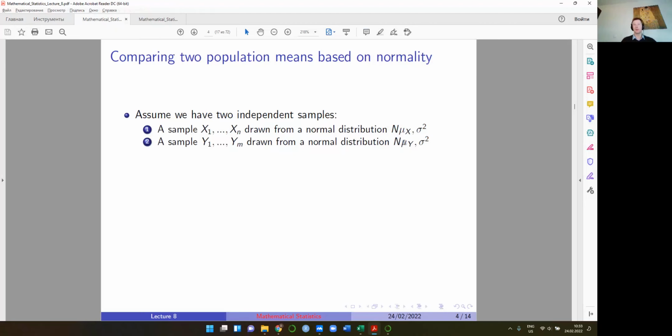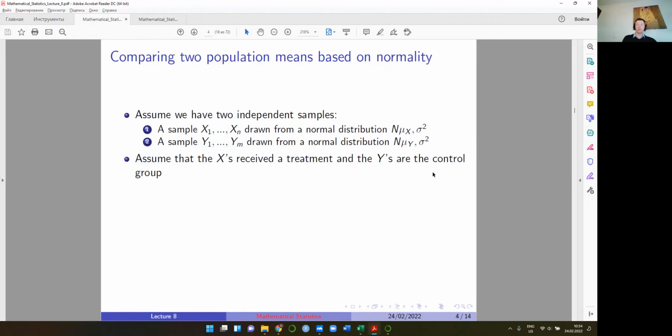I have no idea why they disappeared. And a sample of size m that we denote with letters y is drawn from a normal distribution with mean mu y. And look, we assume that the variances are equal. So those two variances are equal. That's the first assumption. This is very important to understand. We will be looking into different cases. So the first case is when these sigmas are equal.